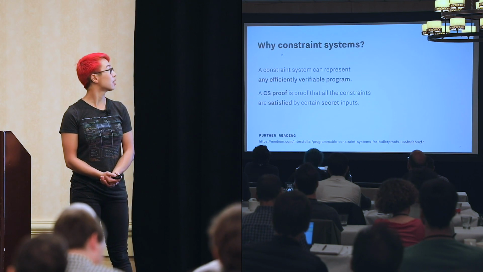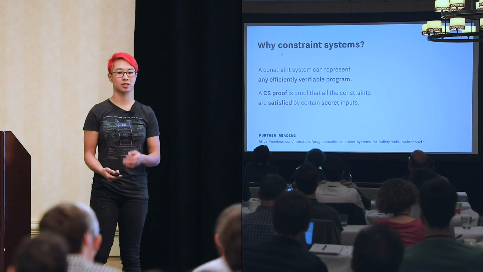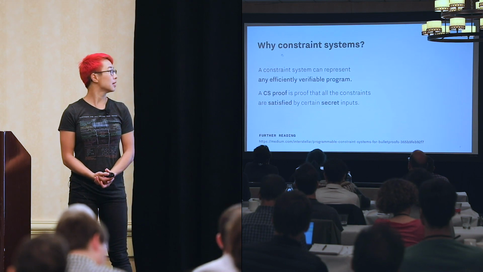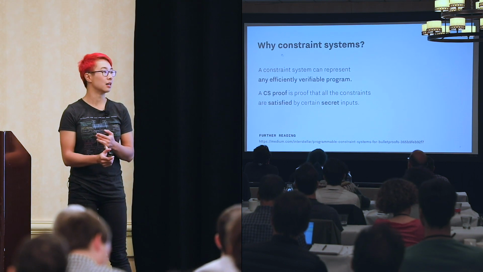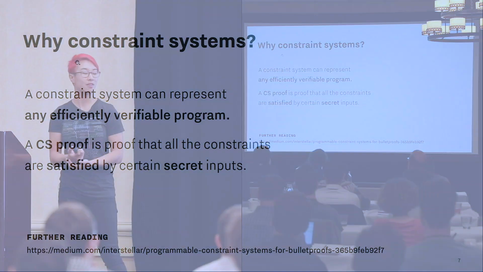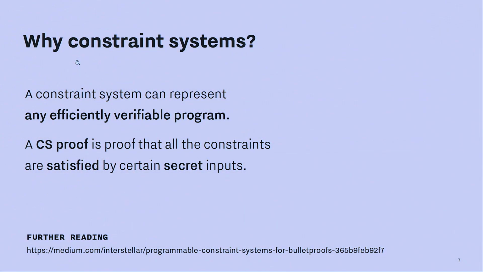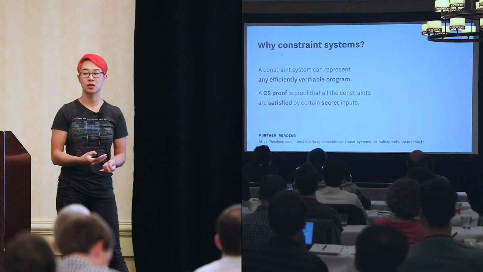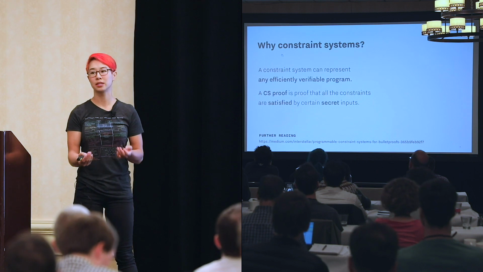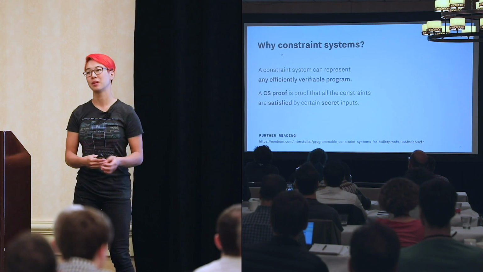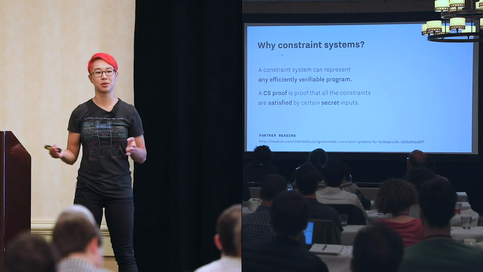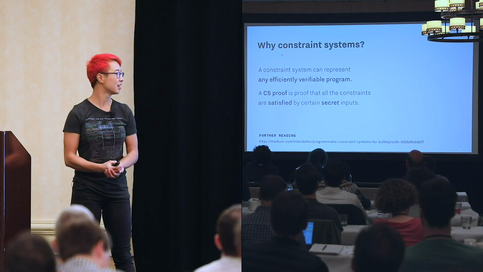The reason we want to use a constraint system in R1CS is that, first of all, you can efficiently represent basically any efficiently verifiable program in R1CS. An additional reason we chose this is that the Bulletproofs paper defines your whole statement using an arithmetic circuit, but it's hard to work with arithmetic circuits and allocate multipliers, and all you're working with is a giant matrix that's kind of clunky.